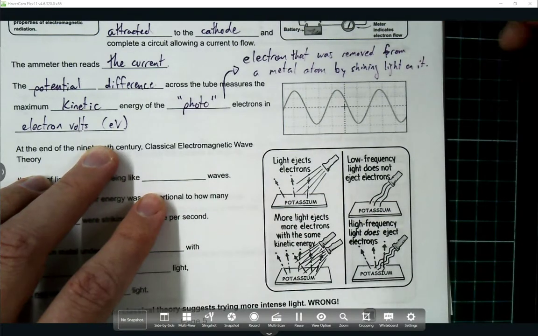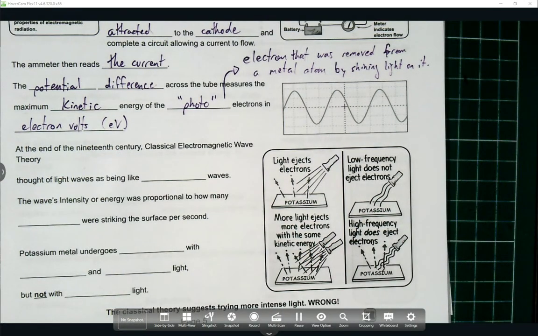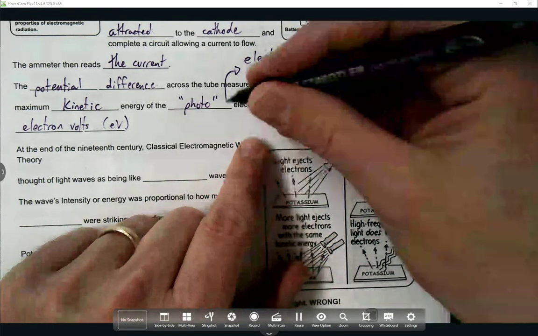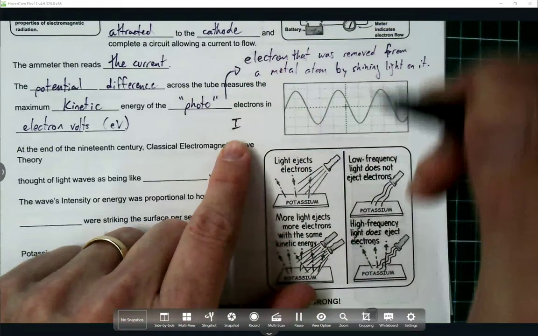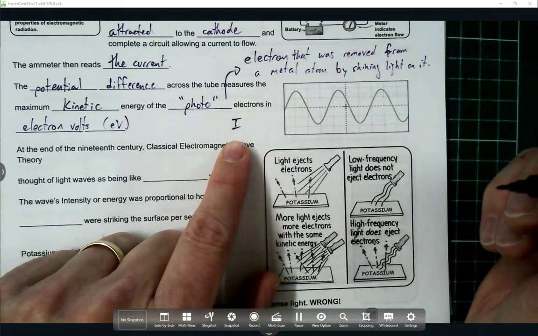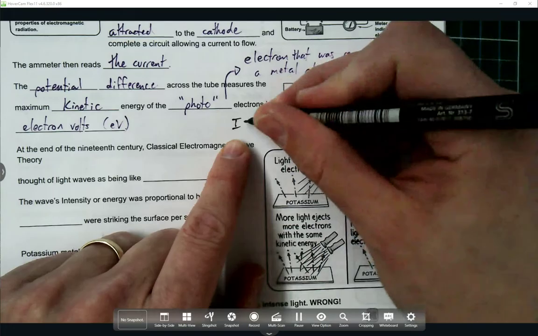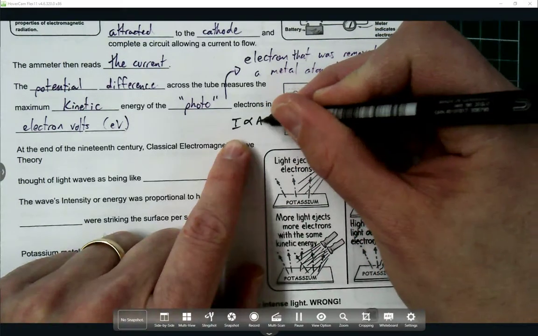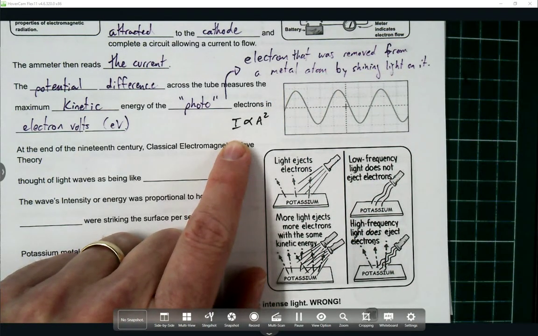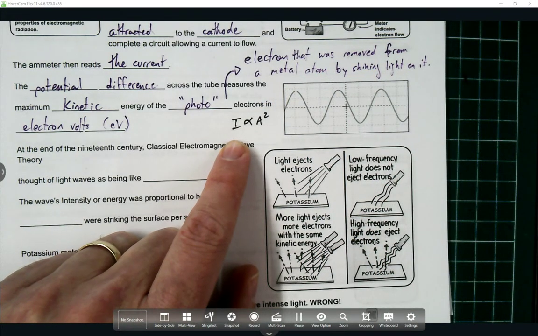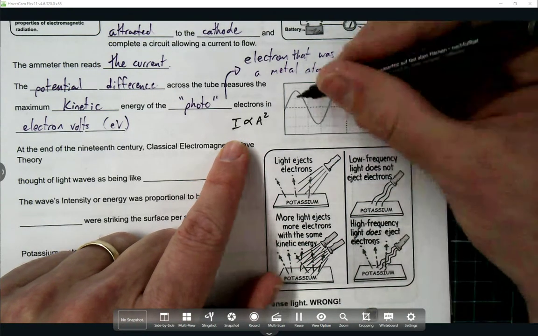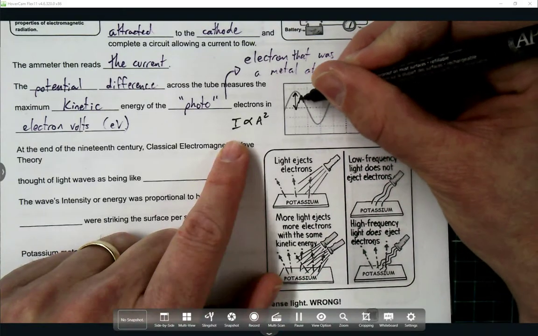Okay, so just so that we don't think that a photoelectron is a new and marvelous thing, although it's a new and marvelous idea, as this thing gets knocked off, we say the intensity of the light that you shine at that metal, we call it I, happens to be proportional to the square of the amplitude. People that are in functions class and talking about waves in their functions notation know what amplitude is when they're looking at a sine wave. But for those of us that don't, just in case, here's an amplitude.